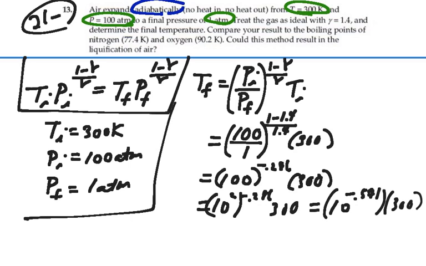So if I take 10 to that power, times 300, I get 80.5 Kelvin.